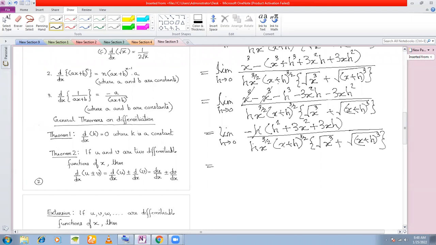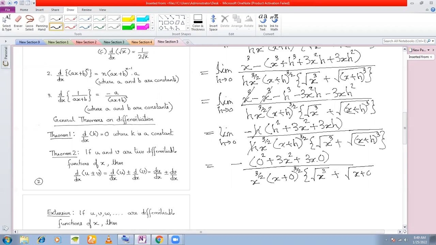So now from here, h and h is going to cancel. Now once h cancels from the denominator, it seems that we are going to get a determinate form. So if you put h equal to 0 here, what are we going to get? Minus 0 square plus 3x square plus 3x into 0, divided by x to the power of 3/2 into (x + 0) to the power of 3/2 into square root x cube plus square root (x + 0) whole cube, right?